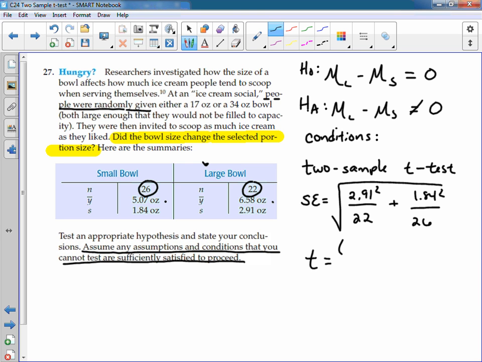So our statistic is the difference in the two from the sample, 6.58 minus 5.07, minus the difference from our null hypothesis, which is 0, divided by the standard error. Now, when you calculate all that, you get 2.103.